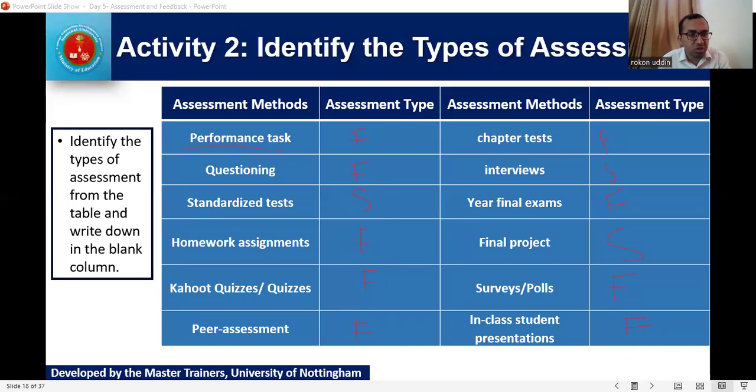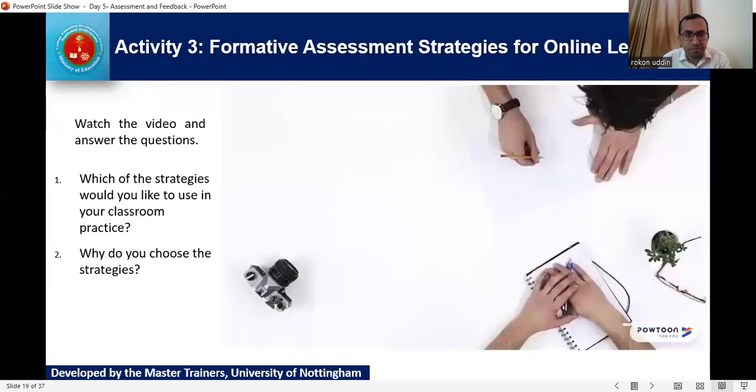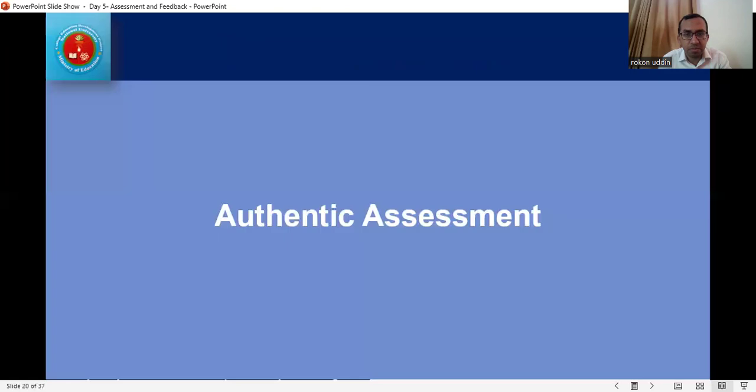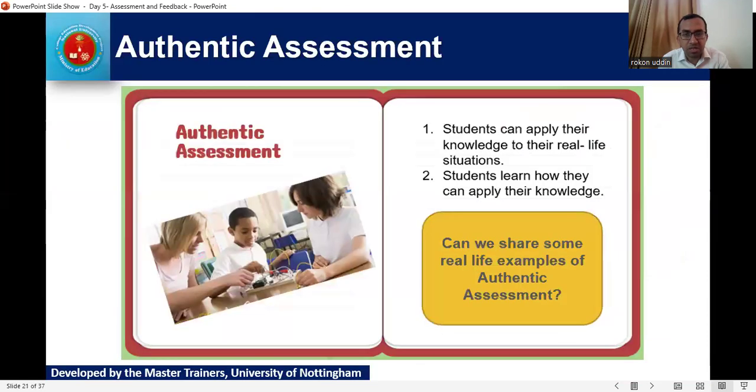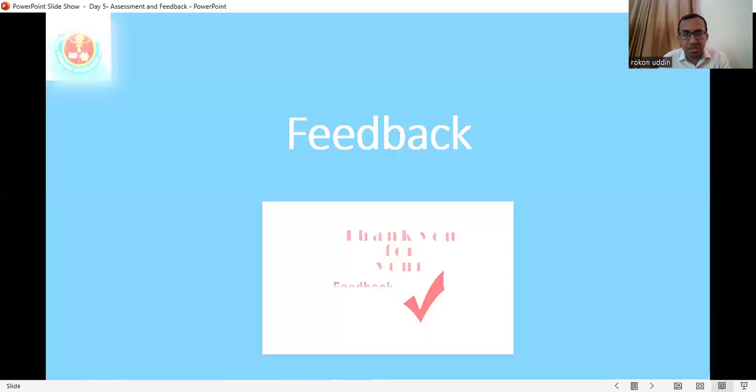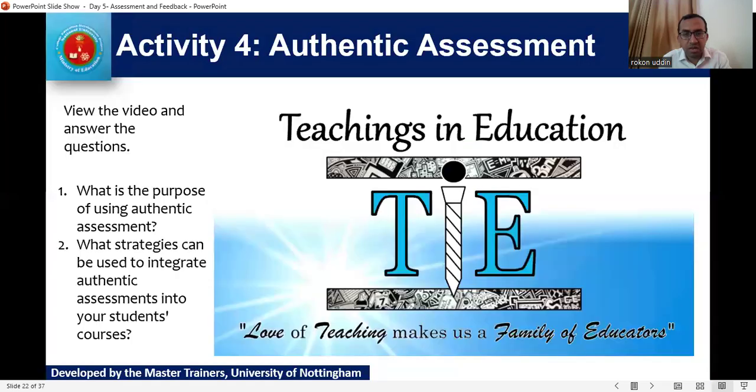Now let us go ahead. Let us move on. Authentic assessment. I am going to give you some idea about authentic assessment. Authentic assessment is a kind of assessment which we conduct to see a student's real life practical ability.